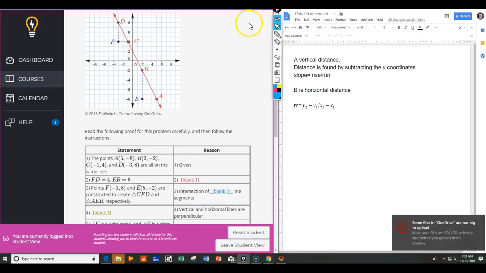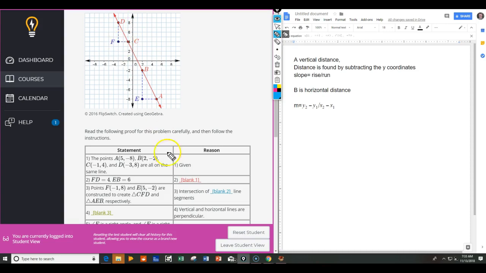Okay, so I would be looking for the vertical and horizontal lines are perpendicular. Perpendicular means 90 degrees. So I'd be looking for like FD is perpendicular to FC, since we have our vertical line and our horizontal line. Likewise, I'd be looking for EB is perpendicular to EA, since again we have our vertical line and our horizontal line.